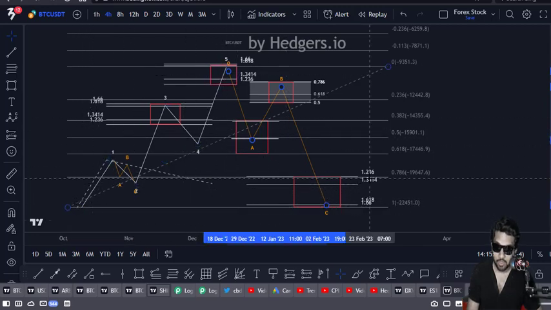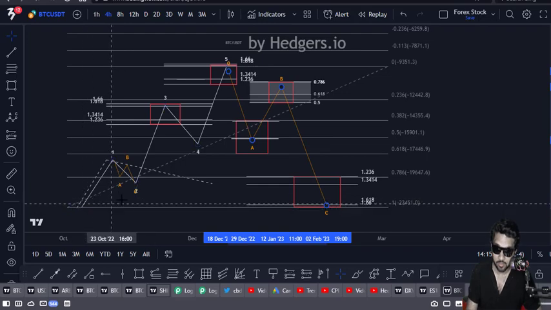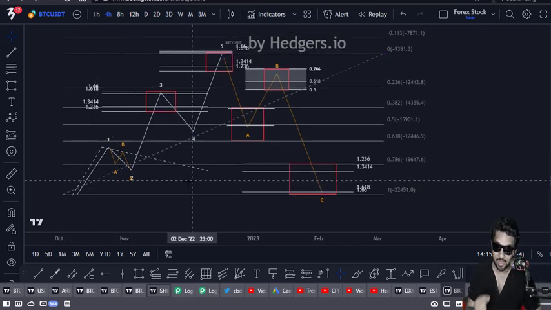Okay, it is valid until the equal lows here are respected.